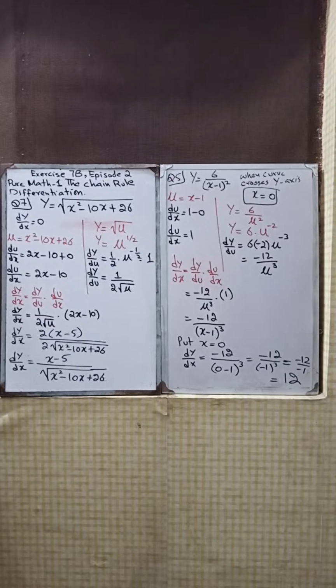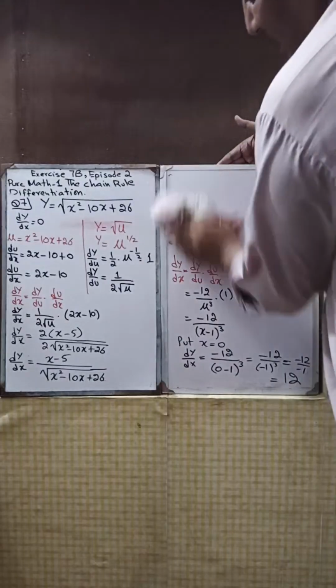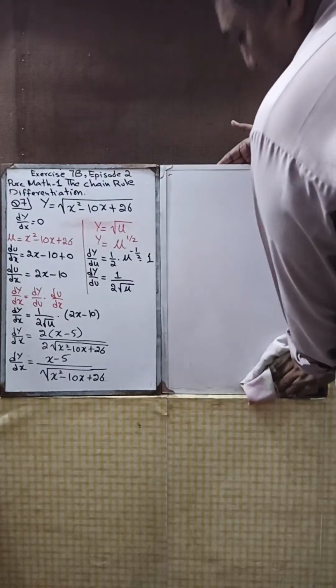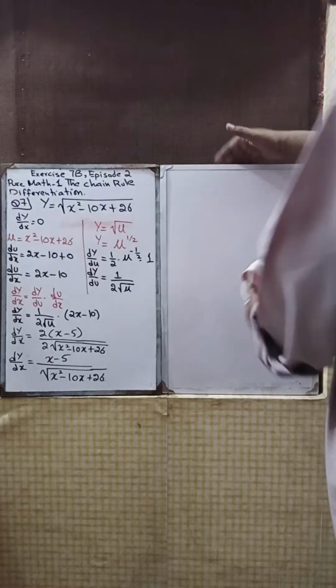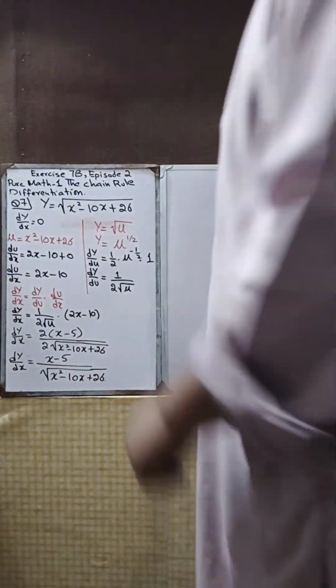And then they told us that the derivative is 0. They said that the gradient is 0. So I have found the expression for dy by dx, that is derivative, that is gradient. The dy by dx means the gradient of the curve. They say the gradient of the curve is 0. It is given in the question that dy by dx is 0.